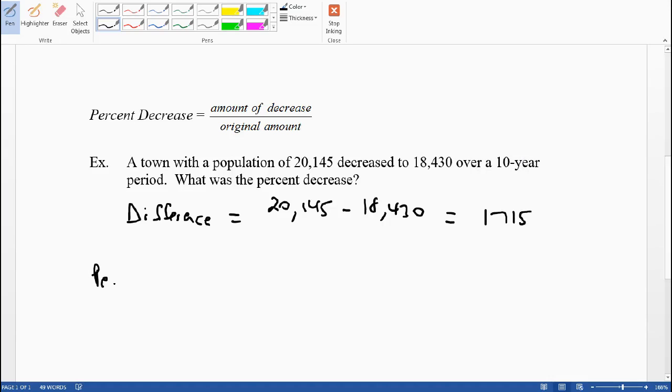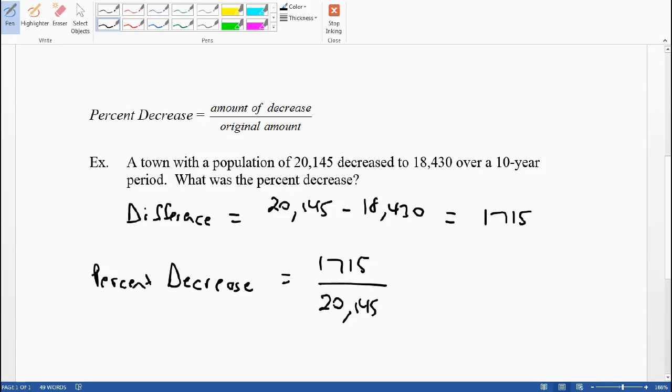Now to find the percent decrease, this is a decrease now. We put that difference on top, divide it by the original amount. Now, the original amount is 20,145. There's a couple reasons why we know that.